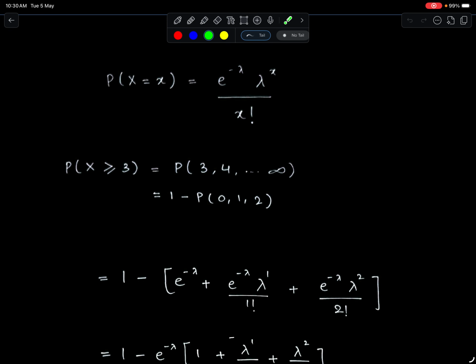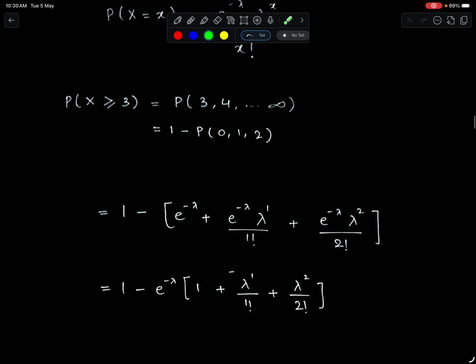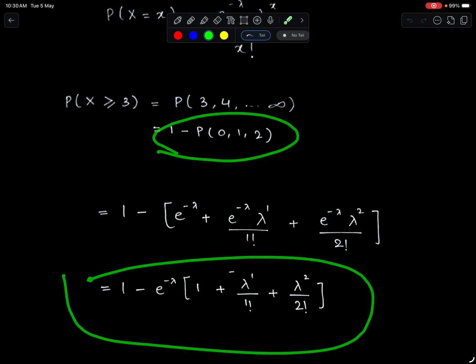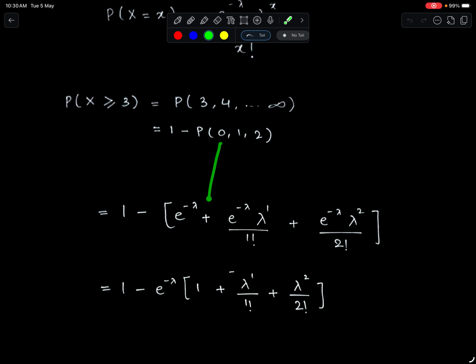We write those numbers here which are not in this list. We take e^(-lambda) common, so this is the way we find this probability: 1 minus e^(-lambda). For 0 we write 1. For 1, lambda power 1 over 1 factorial, lambda square over 2 factorial.